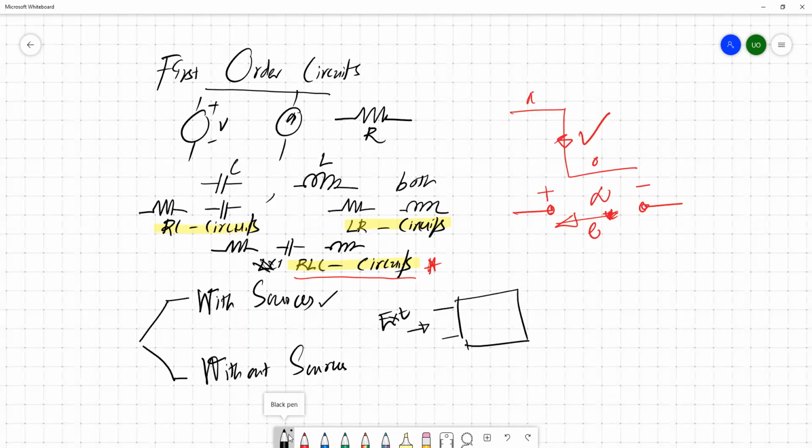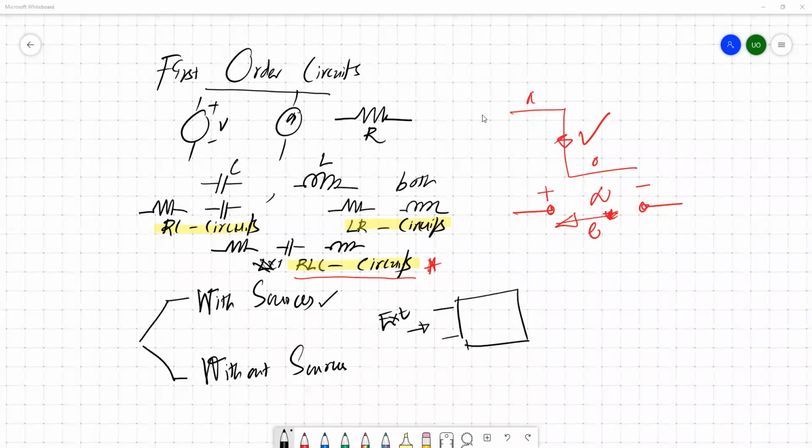Like the circuits we are doing now, we build a circuit and use a 5-volt or 9-volt battery to power it. It's a circuit powered through an external source.